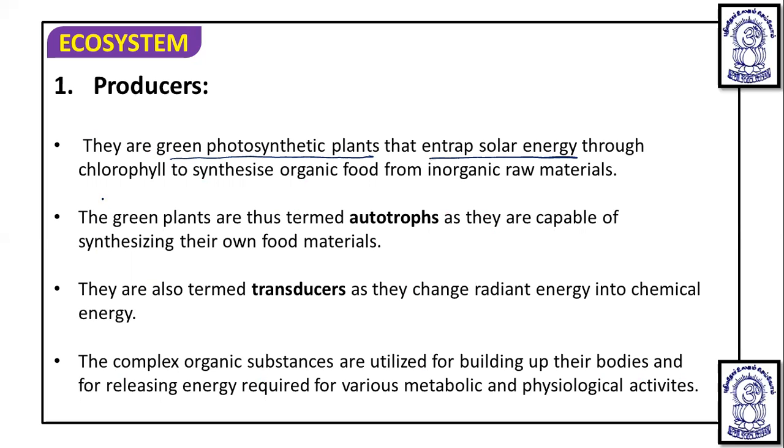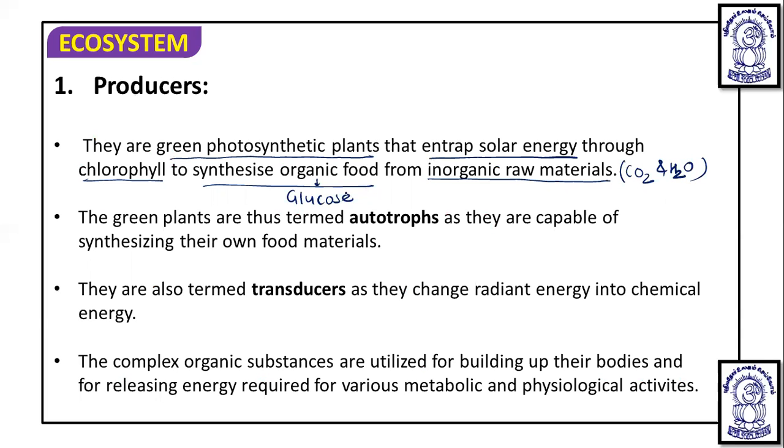They use the solar energy by the use of a pigment, that is chlorophyll, and synthesize organic food from the inorganic raw material. And the inorganic raw material for the synthesis of food for these producers is usually CO2 and water. And ultimately they synthesize organic food. That organic food is nothing but glucose.